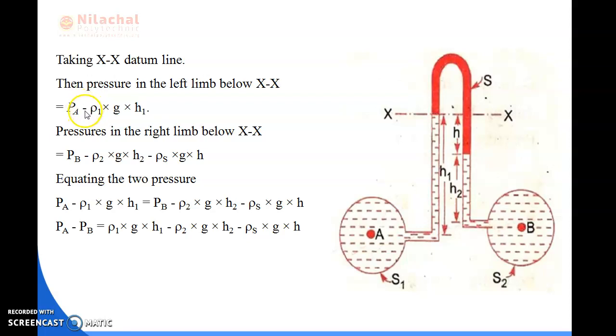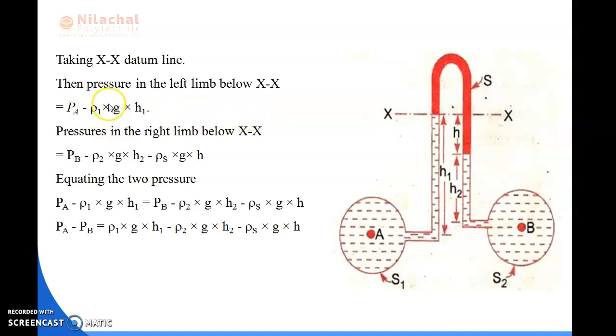In the previous case, like the U-tube manometer, you were considering the pressure above the bottom line, and in that case you were adding the pressure. But here you are taking pressure below the bottom line.